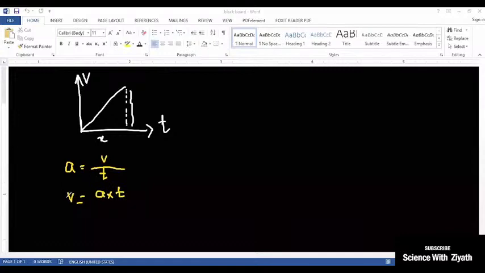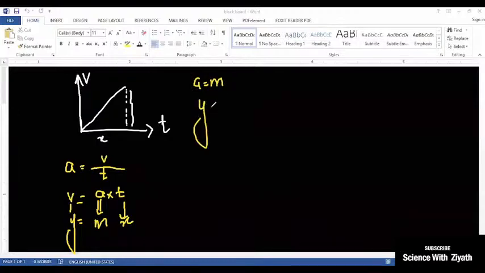Now look at this one. This V we have given on the y-axis, and T we have given on the x-axis. And here this A would be M. Y is equal to M, so A would be M here.